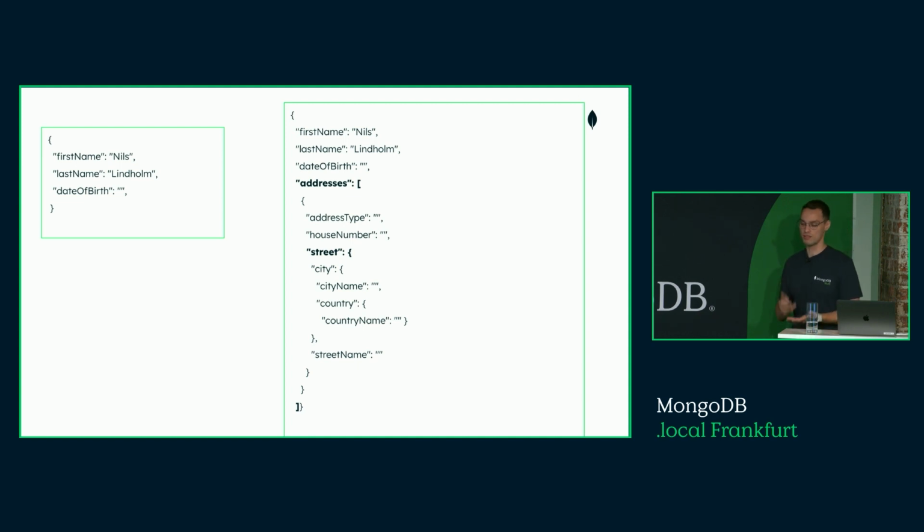It can have a private and a business address, and it could have multiple private addresses. Everything is possible. So we put a nested array into this document and put all of the information into this array, and even put the street information into a nested document, a nested object, in our array. In this case, we have put all the different tables into one single document.